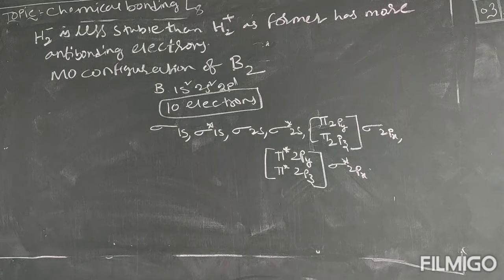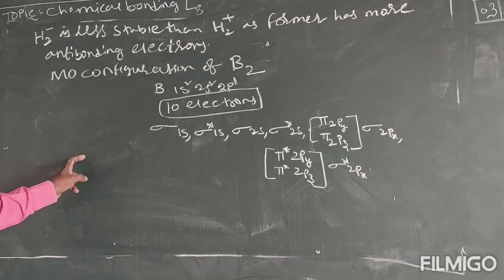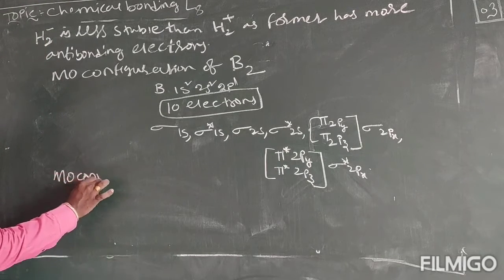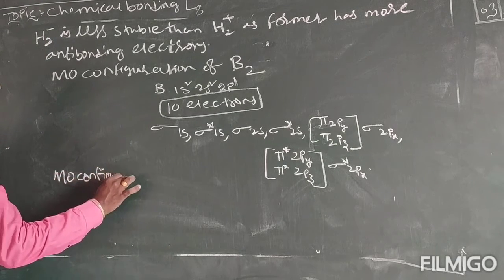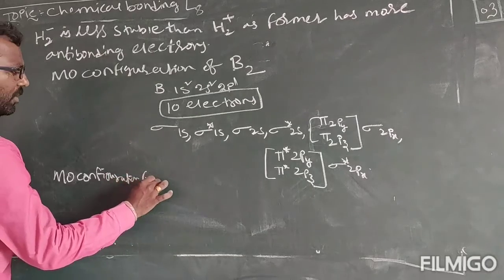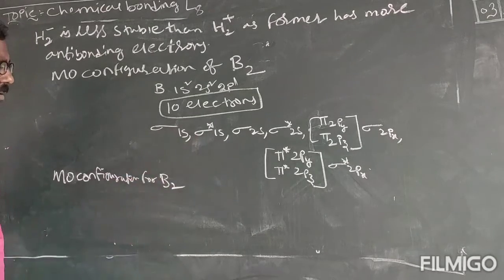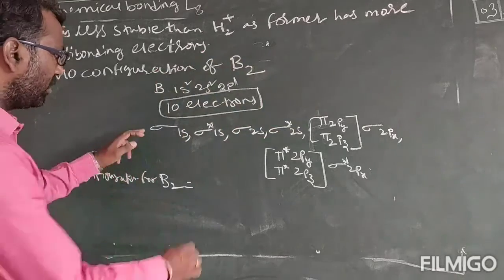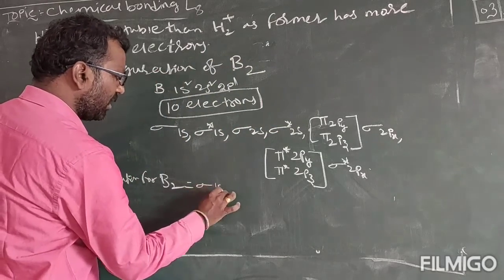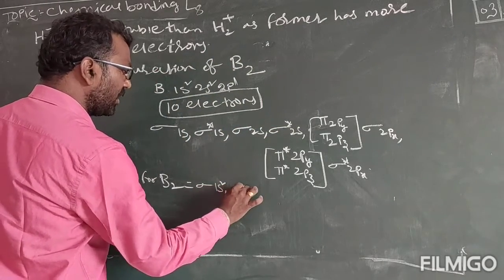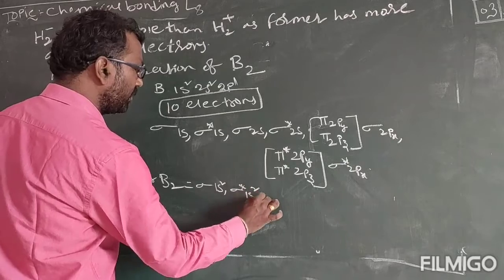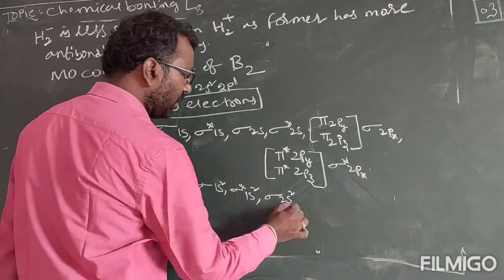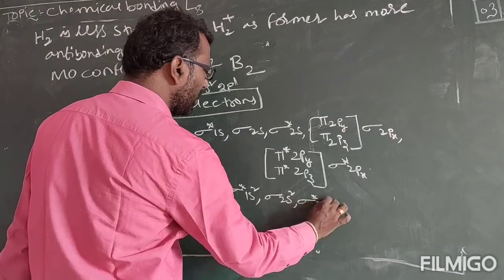Okay. Now we have to write the MO configuration for the B2 molecule. You have to distribute 10 electrons. So first sigma 1s2, sigma star 1s2, next sigma 2s2, next sigma star 2s2.